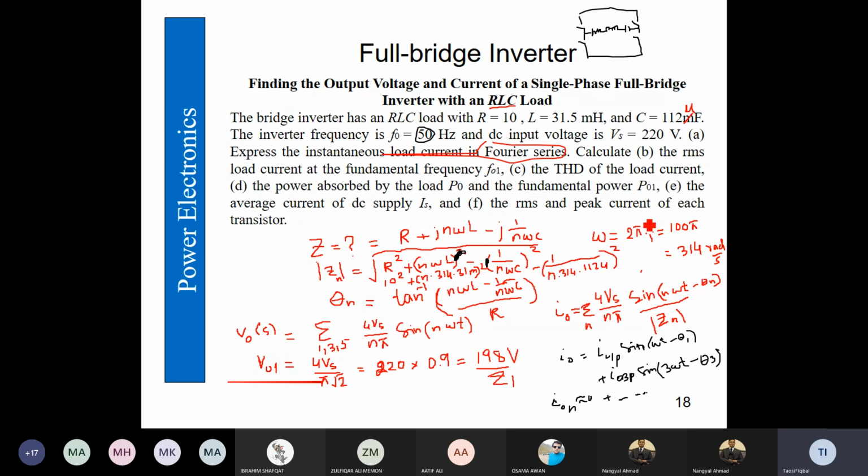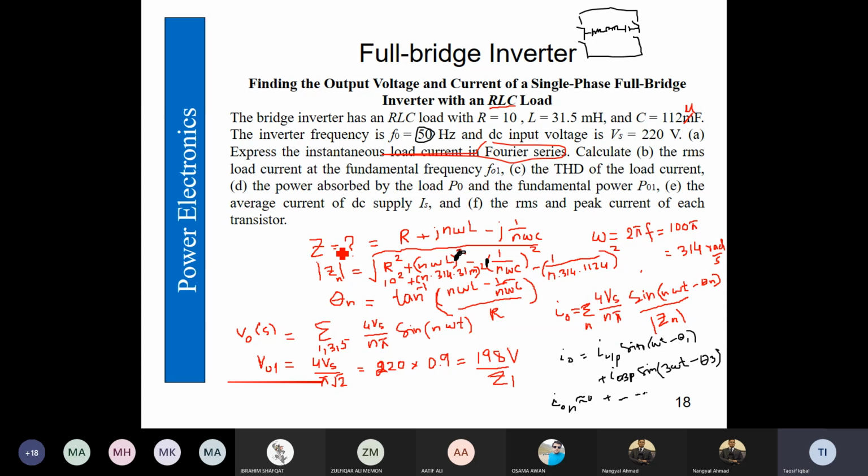So before finding out the RMS load current, we have to do some pre-calculations, which are to find out the impedance, the theta, and the voltage formula we already have.